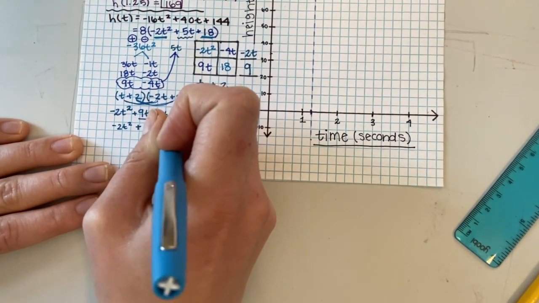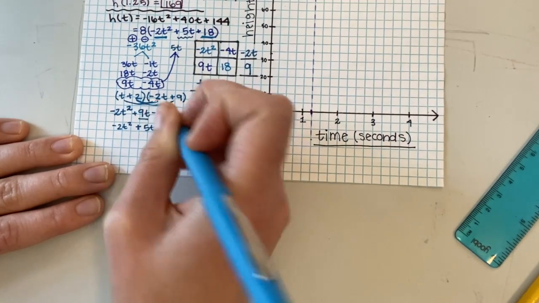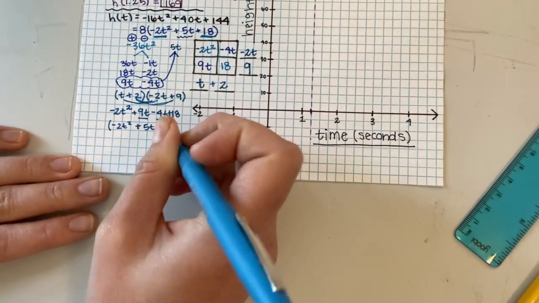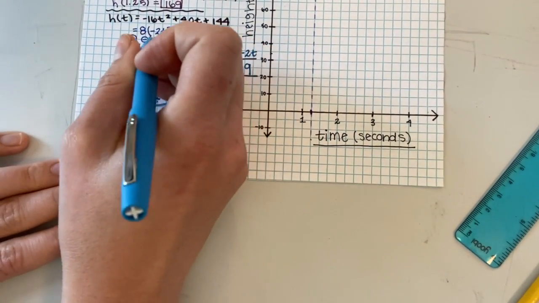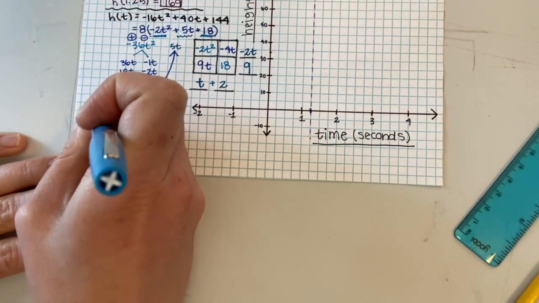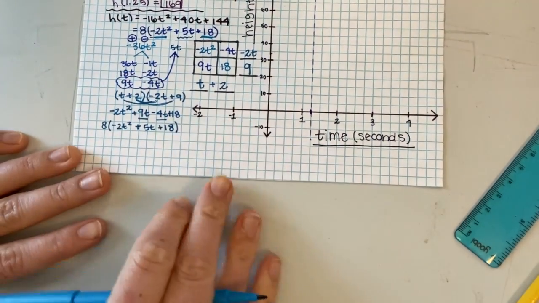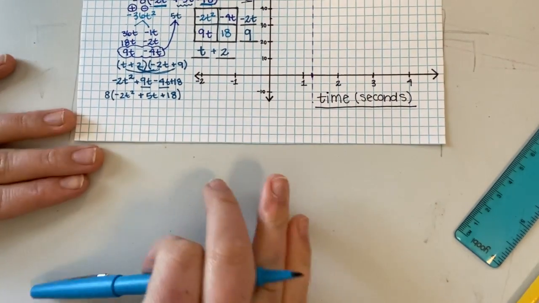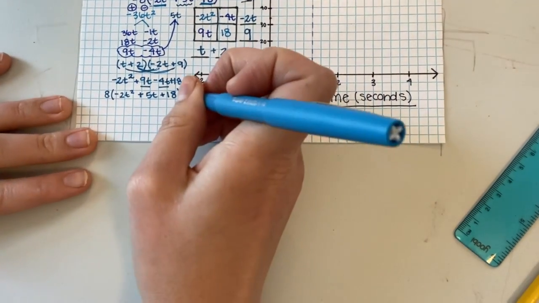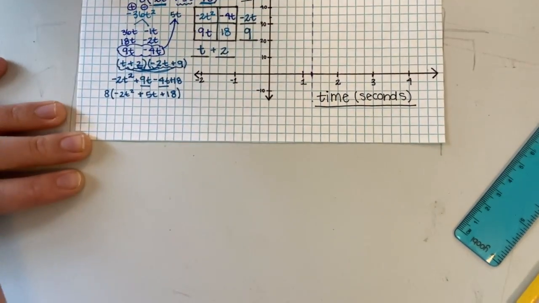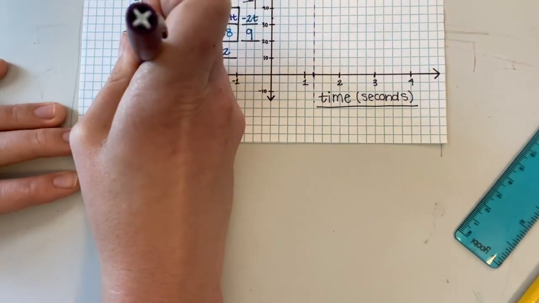And I'm back to that, once we've factored out the GCF. So we're back to this original equation. We know that there's an 8 on the outside of the parentheses, but for factoring, in this case, it's not important because we're just going to set each part of our parentheses equal to 0.